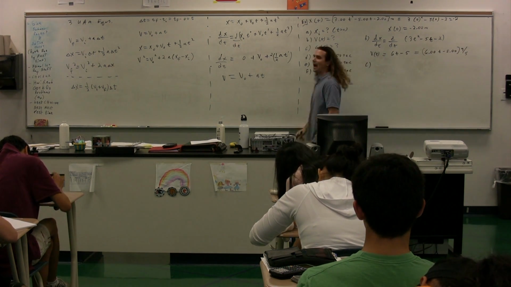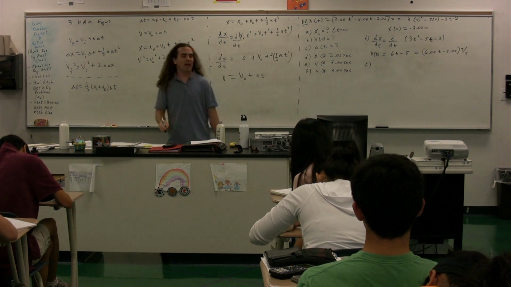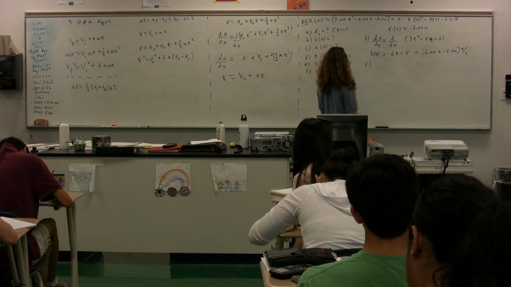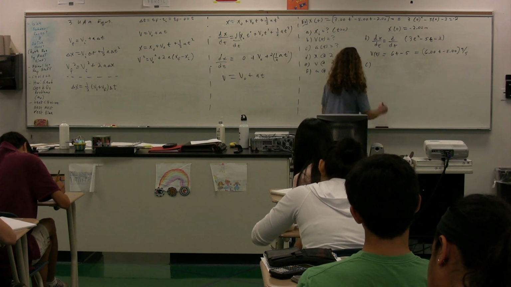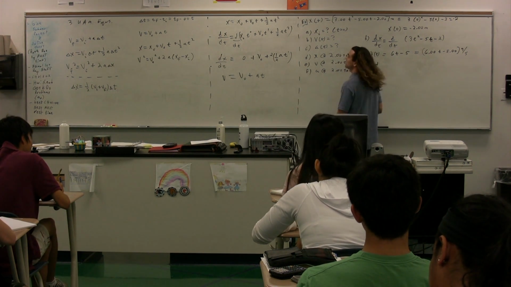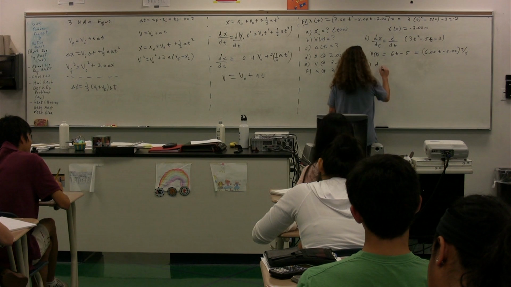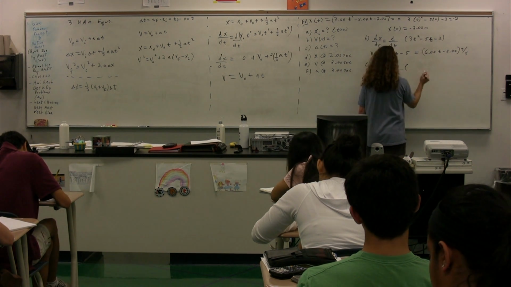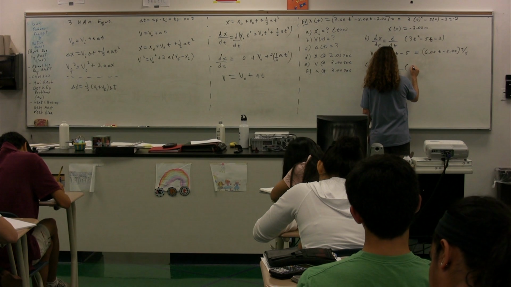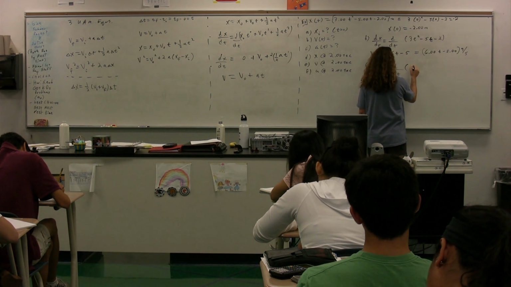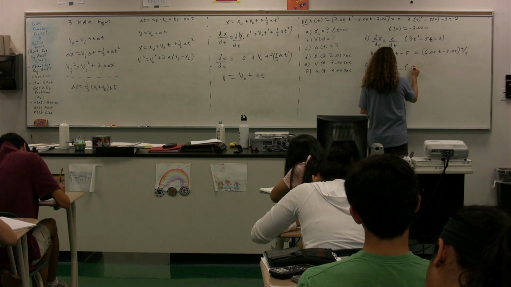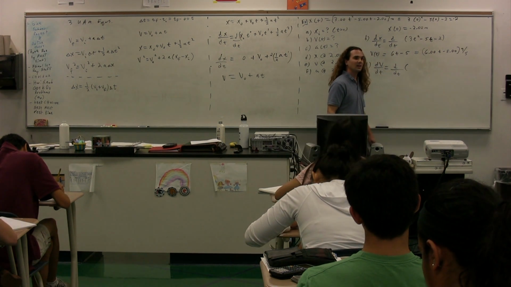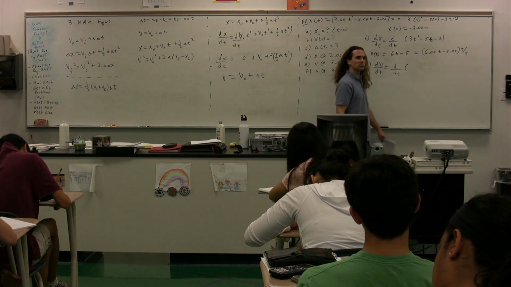Part C. How are we going to figure out the acceleration as a function of time? Anna? You're going to take the derivative of that, so it would be dv over dt. What are we taking the derivative of?